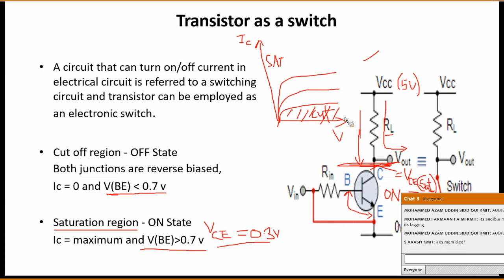When the transistor is off, the output voltage is very, very high, approximately equal to VCC. So remember, if the transistor is operated in the off state, the output will be equal to VCC, and if it is operated in the on state, the output will be equal to VCE sat, the saturation value.